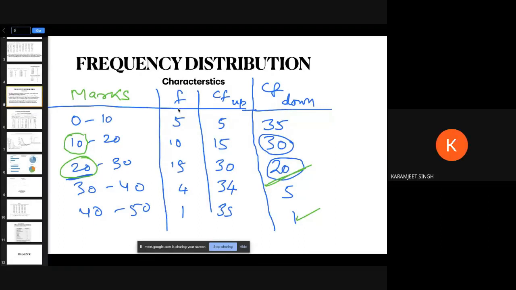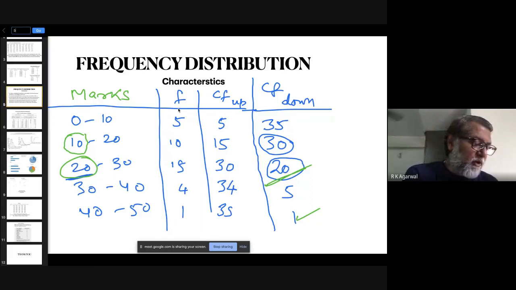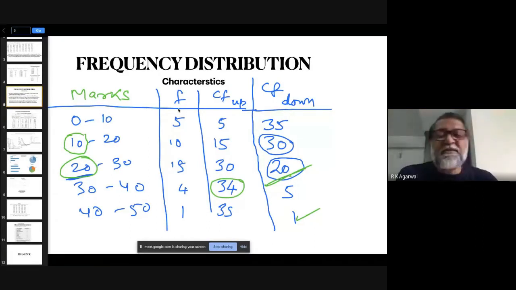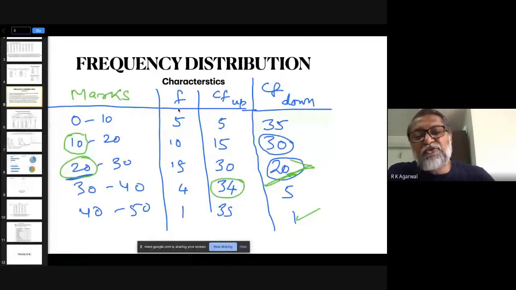In this case, you have to go to the cumulative frequency up column. So 34 students have marks under 40. And in this case, 20 students have marks either equal to or greater than 20.